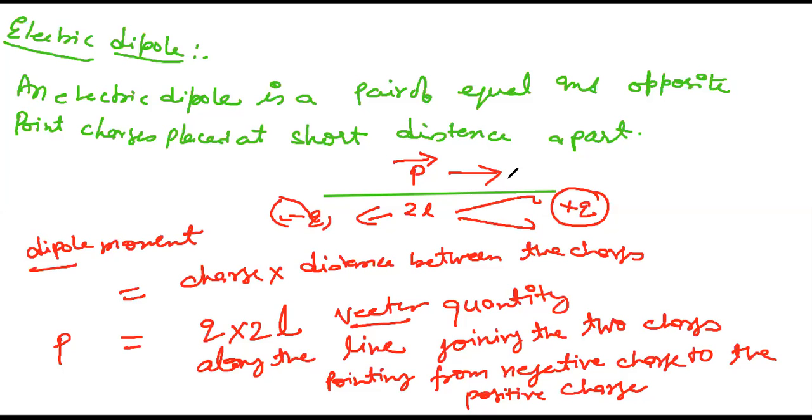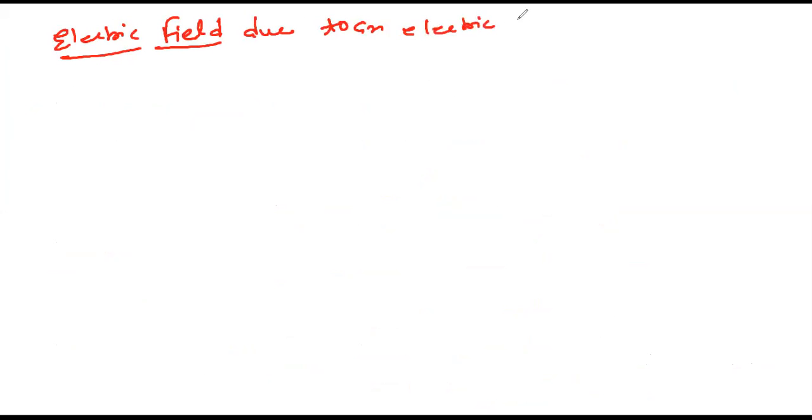Now after this, I should change the page. Yes. After this, you have electric field due to an electric dipole. So we have a derivation. There are two parts in that. First part we are doing.